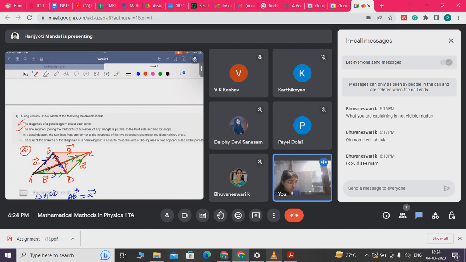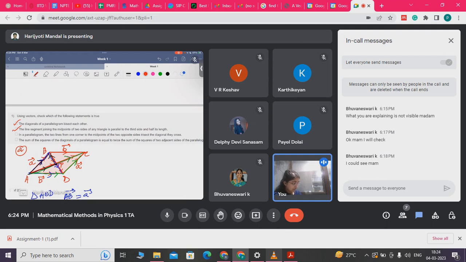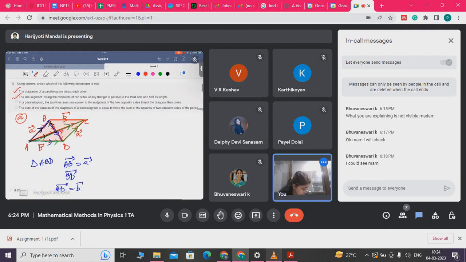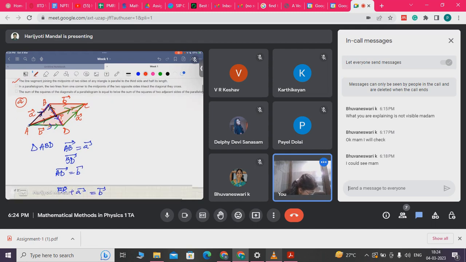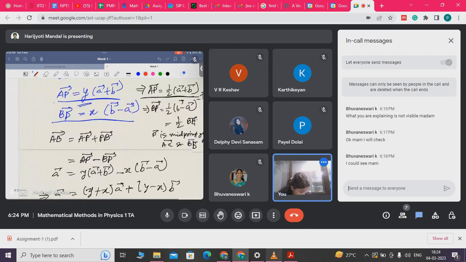Statement C is, in a parallelogram, the two lines from one corner to the midpoints of the two opposite sides trisect the diagonal they cross. The two lines from one corner to the midpoints of the two opposite sides trisect the diagonal they cross.